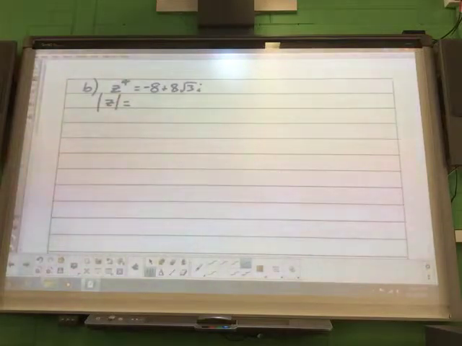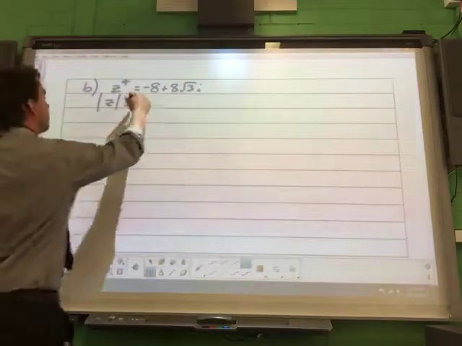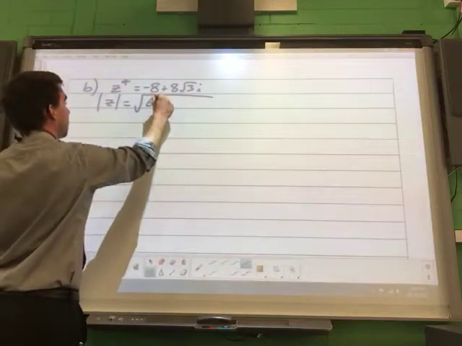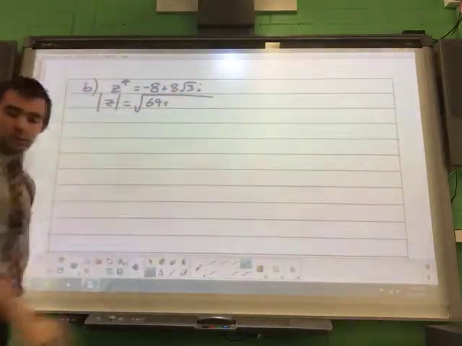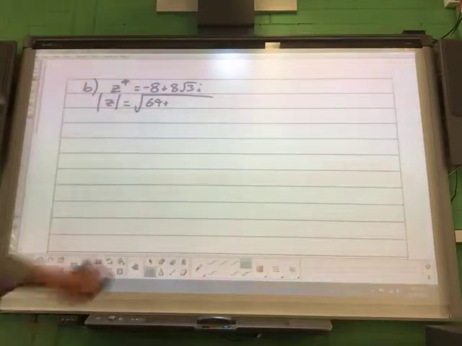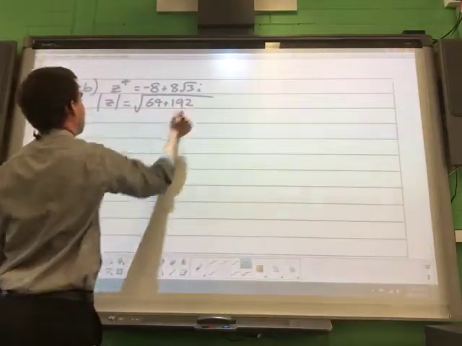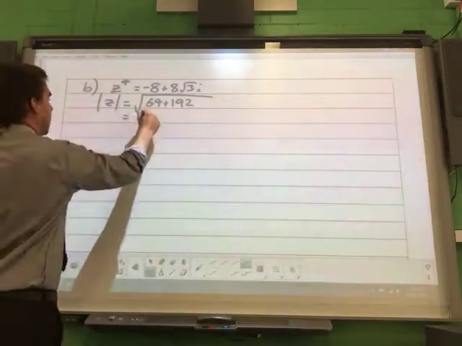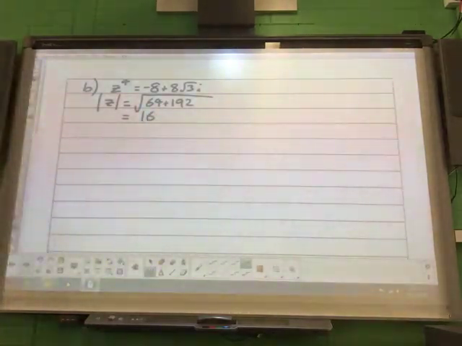Square root of x squared plus y squared, 64 plus 192. When you work it out, that will give us a sum of 256, and nicely it gives us the square root of 256, which is 16.